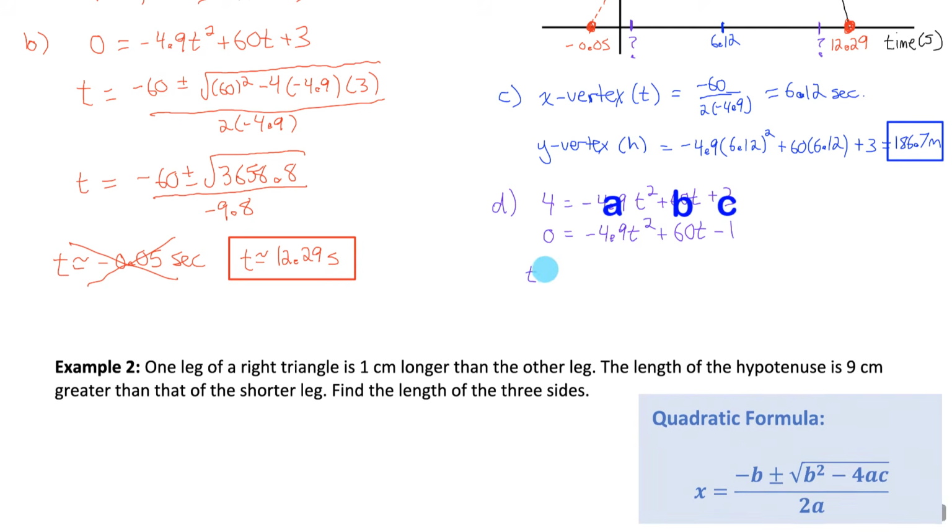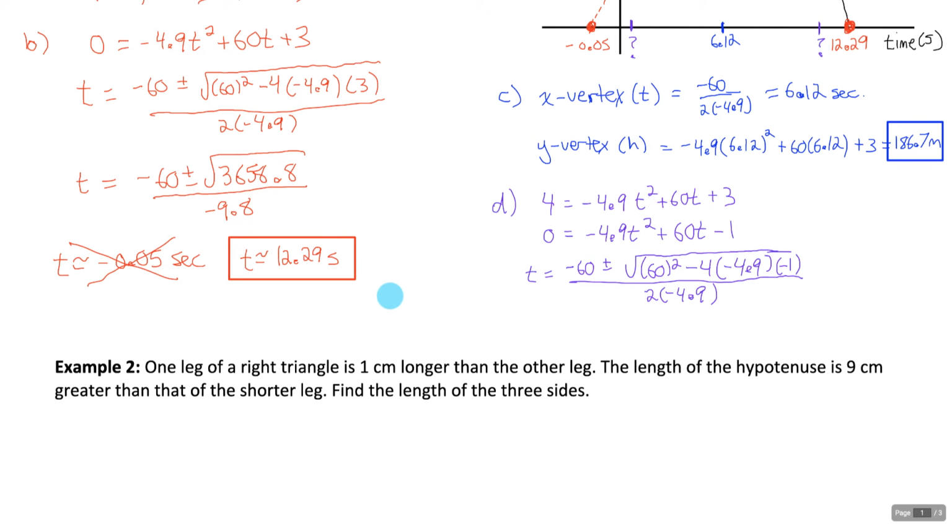If I plug into quadratic formula, it would be negative 60 plus or minus the square root of 60 squared minus 4 times negative 4.9 times negative 1 all over 2 times negative 4.9. Now because I'm running out of room, I'm just going to evaluate this all in one step. I will get 2 answers for t.